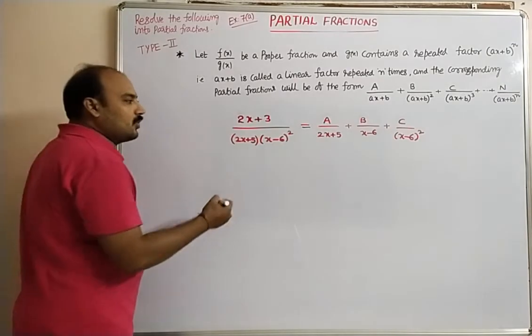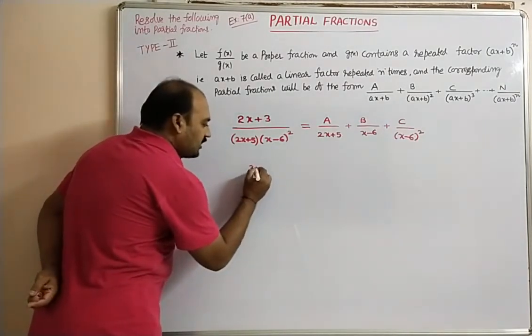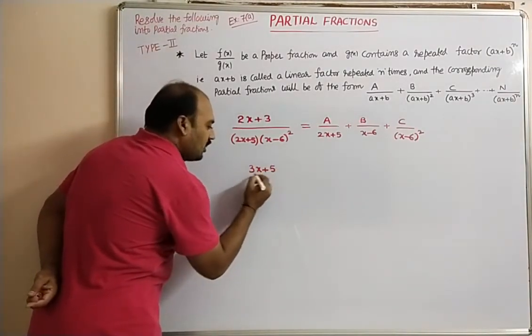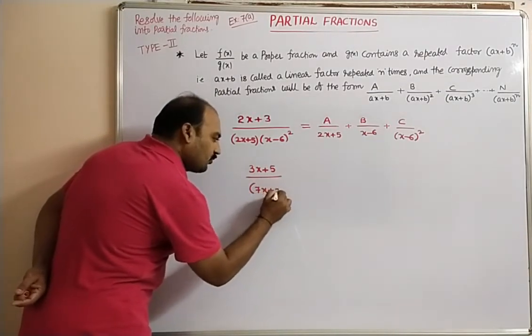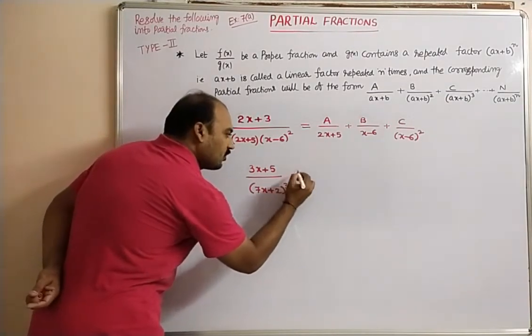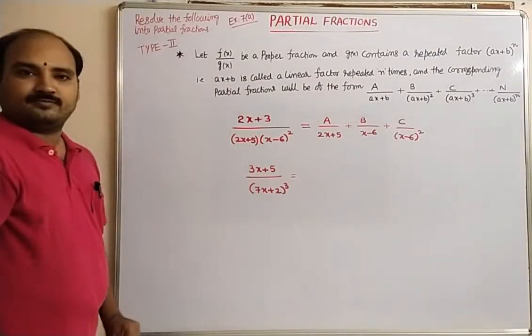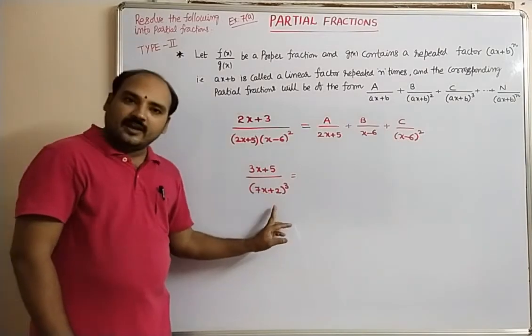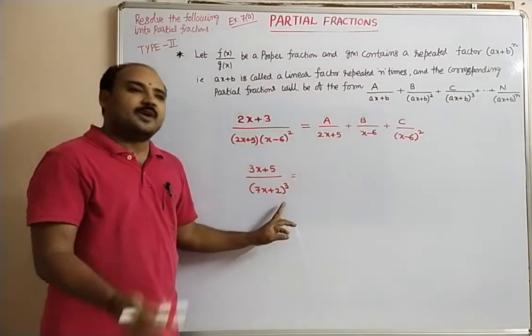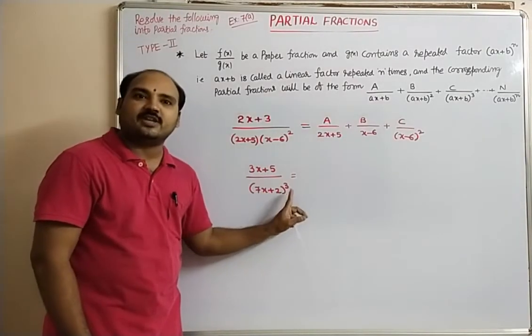Suppose another example we take: (3x plus 5) divided by (7x plus 2) whole power 3. How to write? So here 7x plus 2 is a linear factor which is repeated. How many times? 3 times it is repeating.